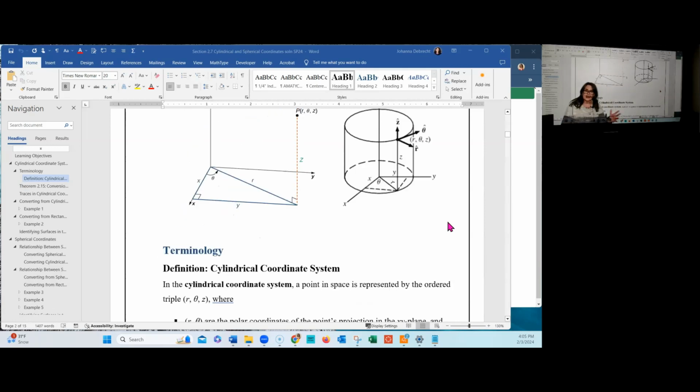It also means we could use the Pythagorean theorem: x squared plus y squared equals r squared. We also can find the angle theta by taking the tangent of the angle as y over x, and then solving for theta using the inverse tangent function, arctangent.